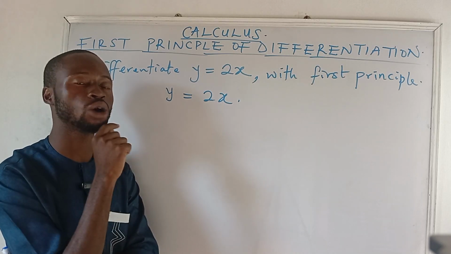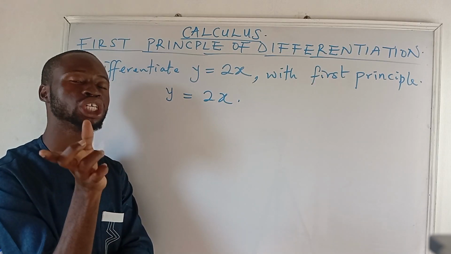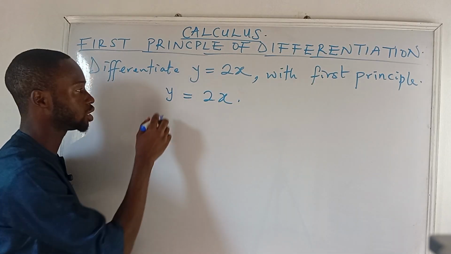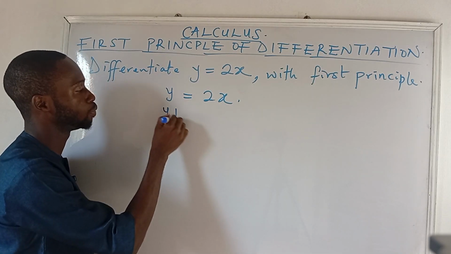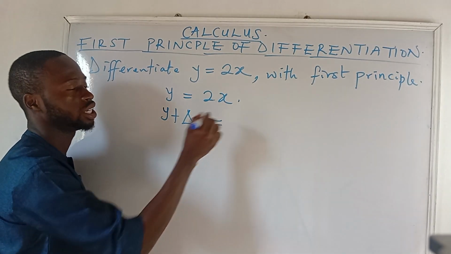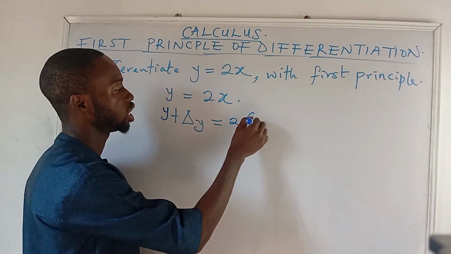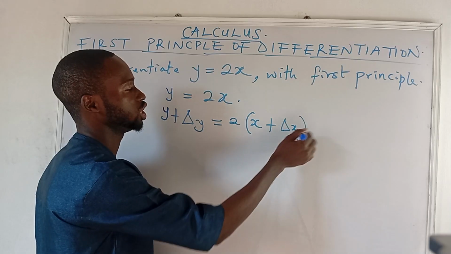Then I'll do the same thing to x. I'll have x plus change in x. So instead of me writing y here, I would have y plus change in y. Then whenever I see x, I'm putting what? x plus change in x.